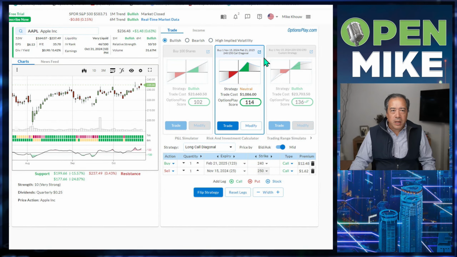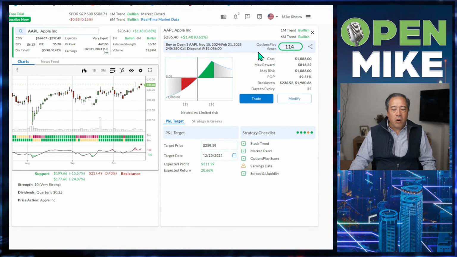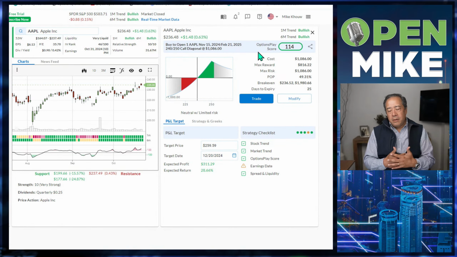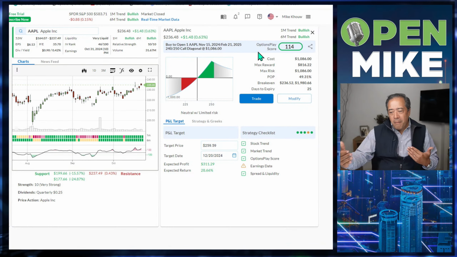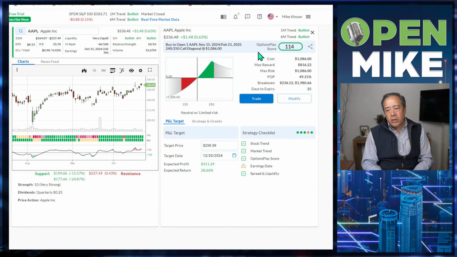I favor diagonals because I would never want to take a directional bet to the upside and be so right I was wrong. What I mean by that is you're making a measured but bullish bet going into earnings. You don't want to have it go in your chosen direction and still lose.